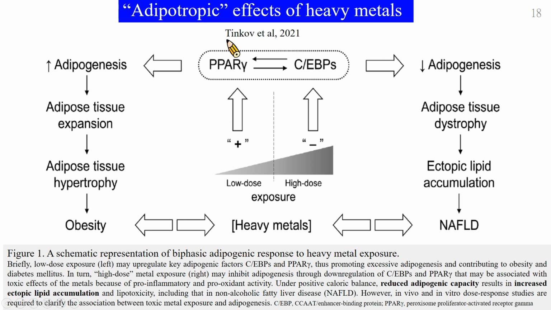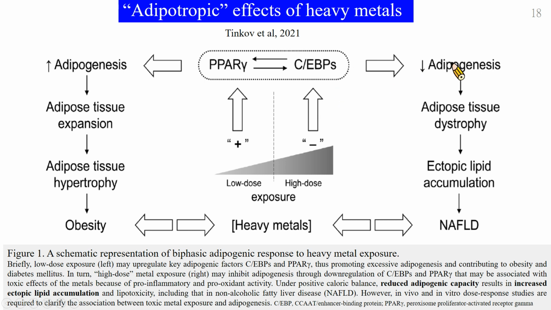To summarize, Alex Tinkov and colleagues propose that the adipotropic effects of heavy metals depend on the exposure concentration. For example, if one has a high exposure of toxic heavy metal in their body, then they will affect the CEBP pathway. That means they will inhibit the CEBP pathway.